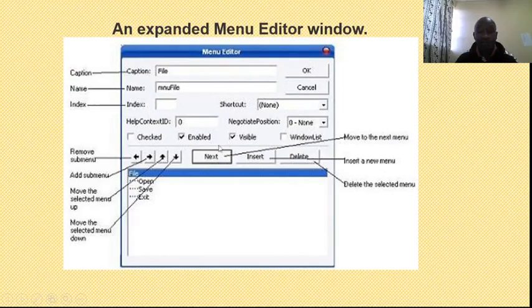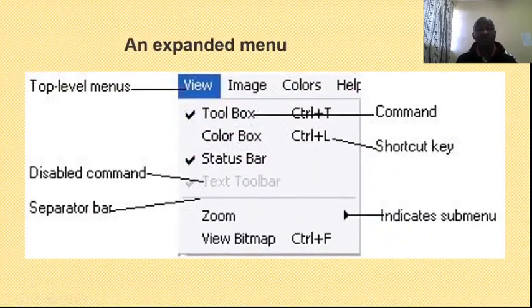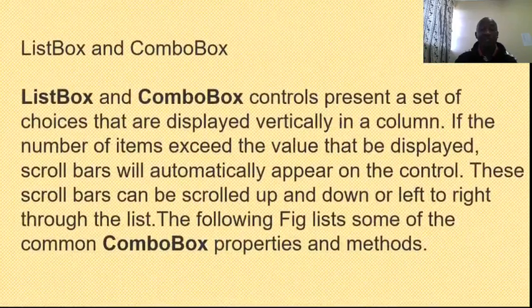We have various buttons as indicated in this dialog box. These are the parts I was talking about: checked, enabled, and visible. We shall interact with this one in our practical session, and I'll be taking you through how to come up with the menus. You have an expanded menu here, so you can look at how it looks. You can also create such an expanded menu using the Menu Editor.